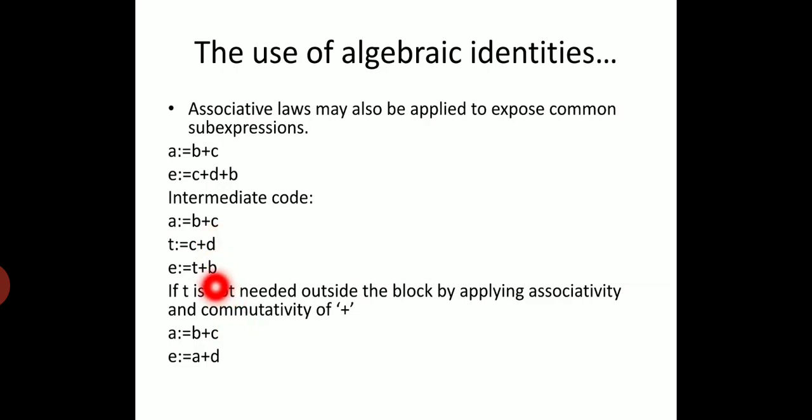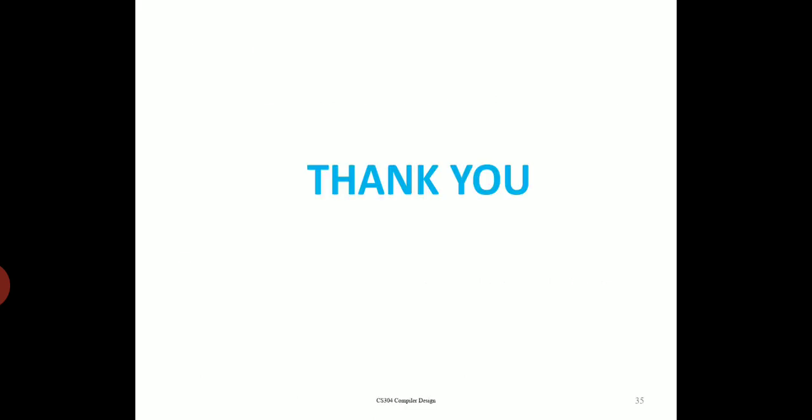That means b plus c is already there, and it can be computed even after d, because nothing wrong happens if we do like that. Associativity and commutative rules make sure that a change of order will not affect the result of the computation.